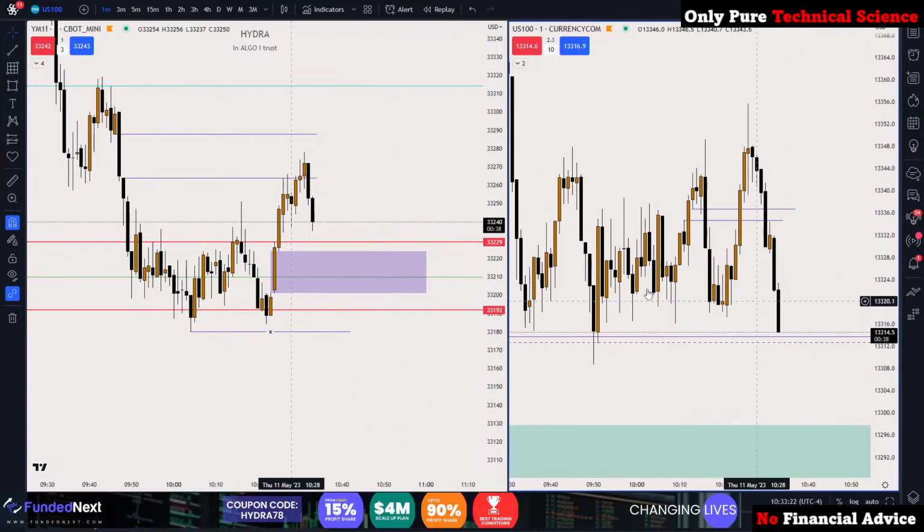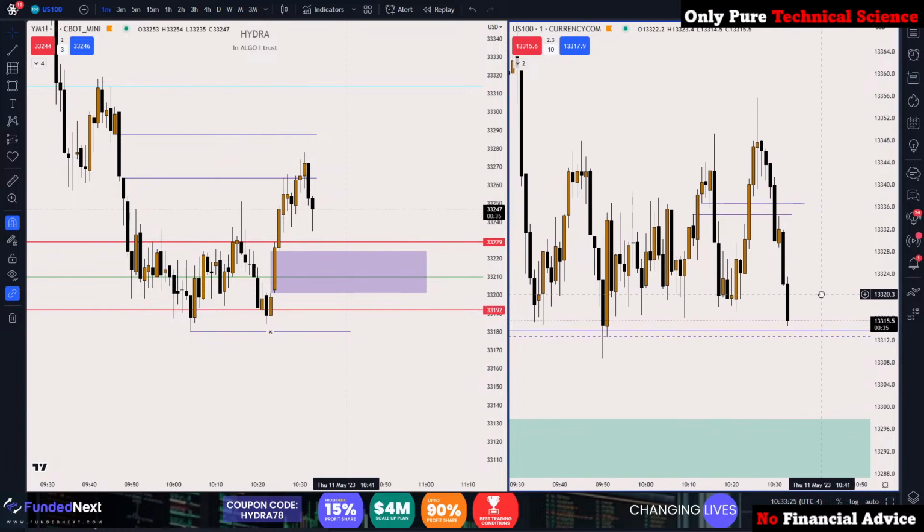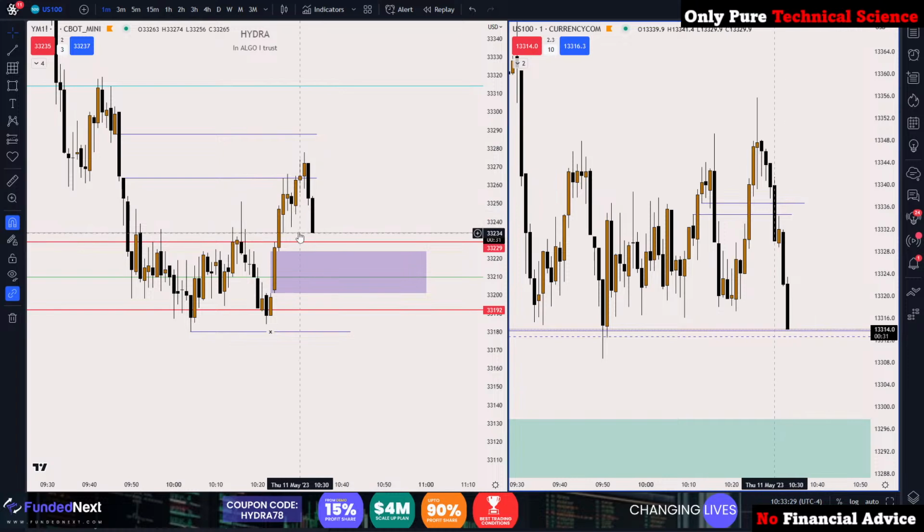So NAS took out this relative equal low. Good to see that. And I want to see Dow coming into this fair value gap. Okay, Dow is the sixth sister here.